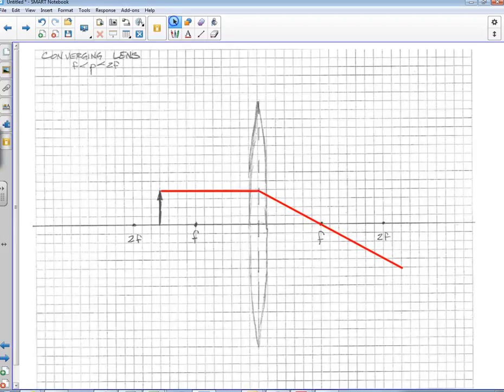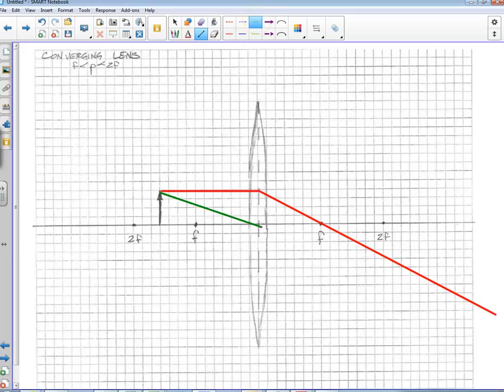And you know what, I think I'm going to want to extend this. Then the chief ray or central ray is going to go straight through the center of the lens undeflected.